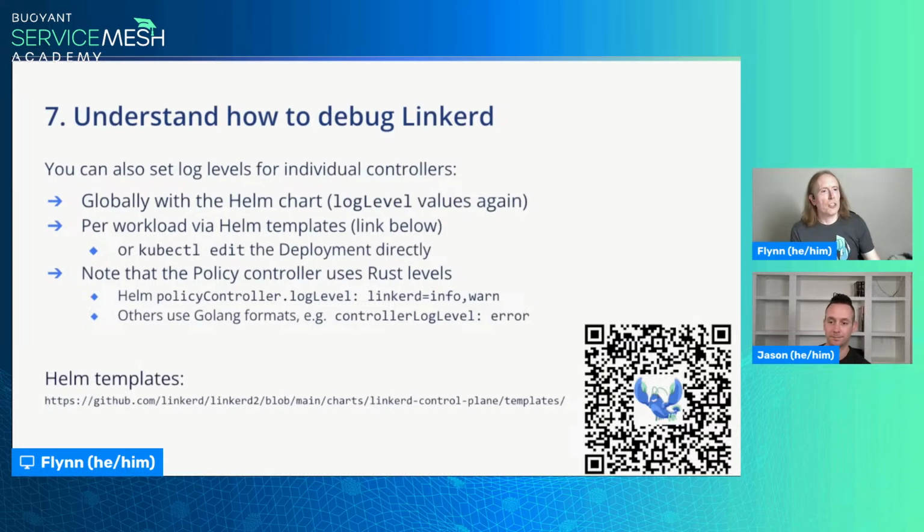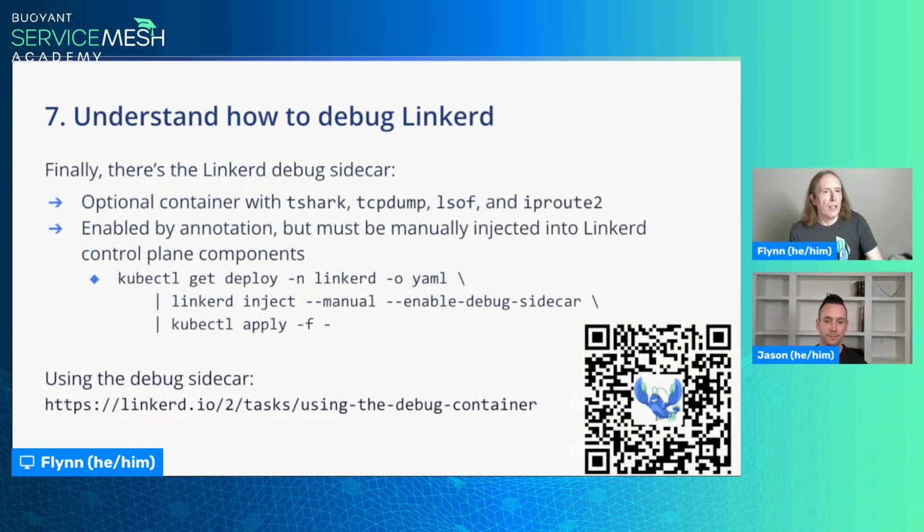Okay, one more thing here. The Linkerd debug sidecar. There's documentation about this. I'm not going to talk too much about it here. I think we used it a little bit in the most recent MTLS deep dive.